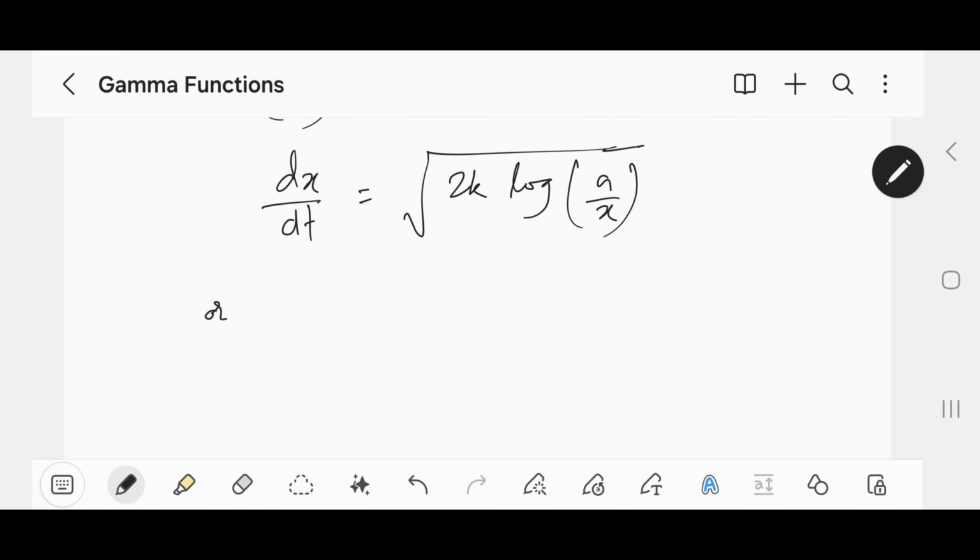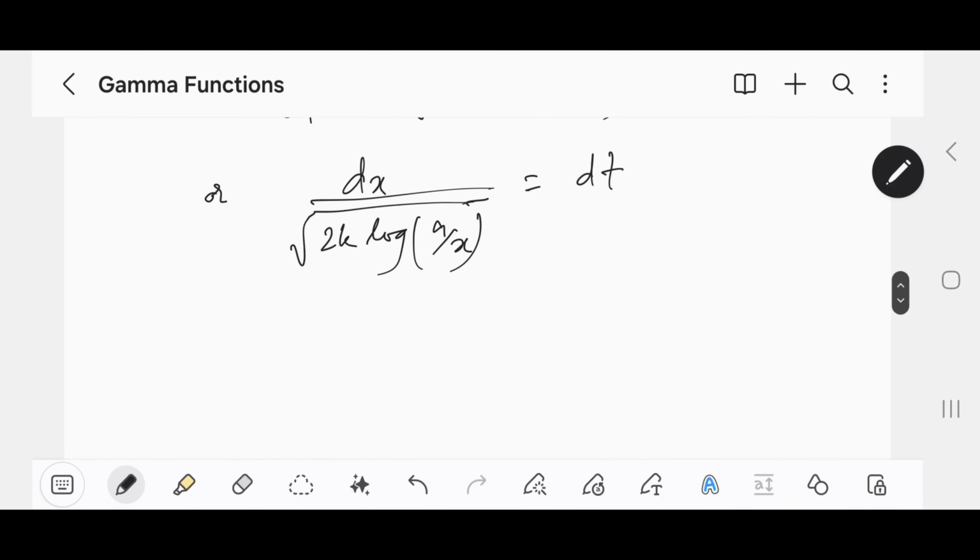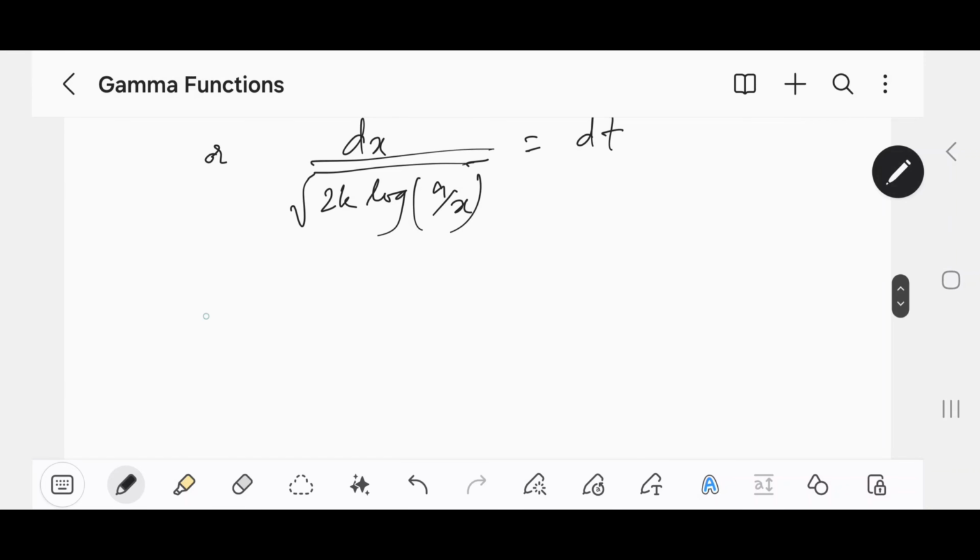So this will be dx by root under 2k log a by x equals dt. If the total time is capital T, then we calculate the total time by integrating both sides.